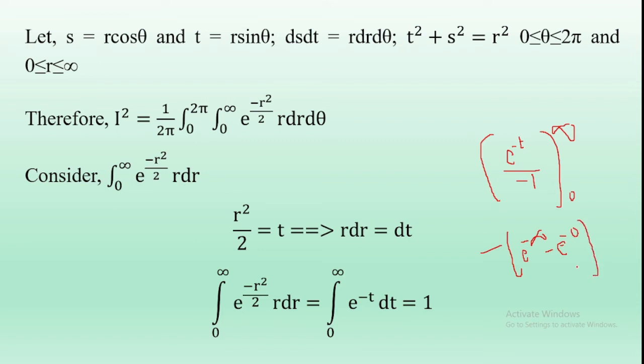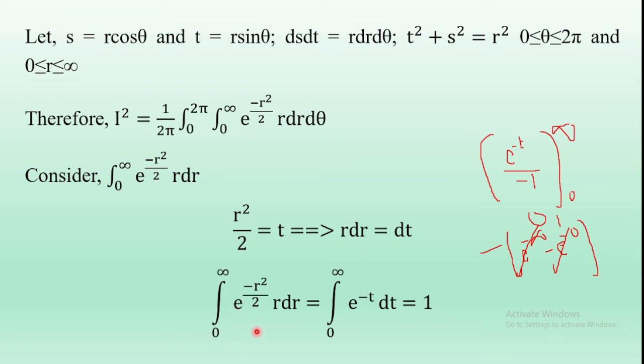So e power minus infinity value is 0, e power minus 0 value is 1. So minus of (0 minus 1), that is minus of minus 1, which is plus 1. So after applying the upper and lower values of t, finally we get this integral value equal to 1.